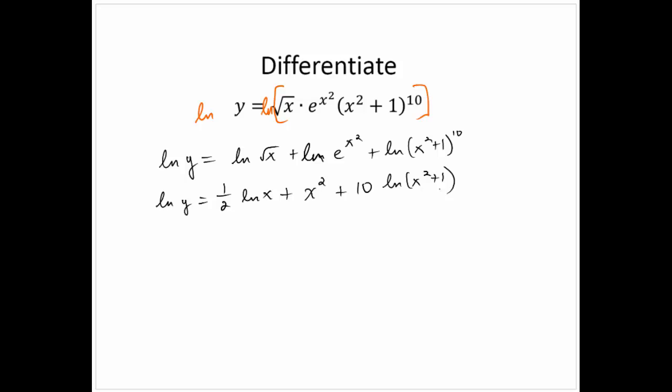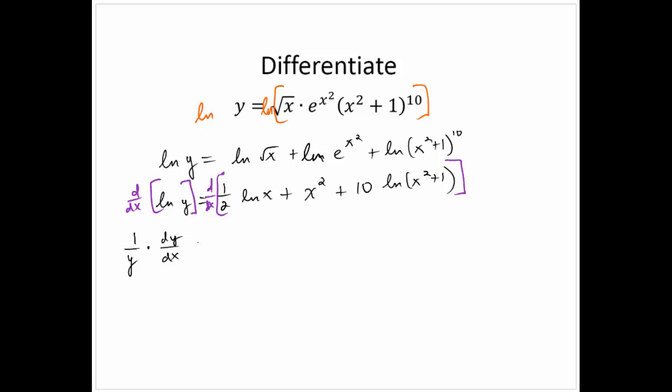Now I will differentiate. I'll apply d by dx to both sides of this equation. So d by dx of natural log of y would be 1 over y times dy dx.